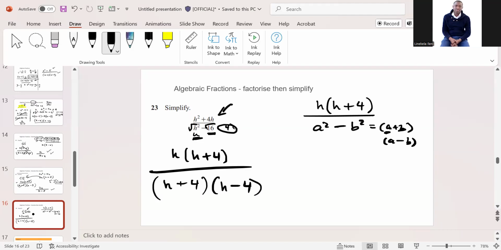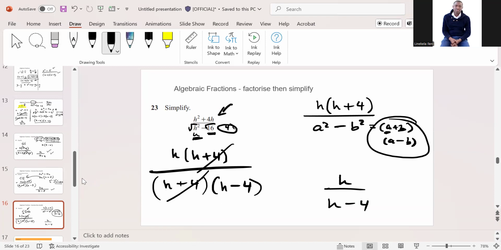It doesn't matter which one comes first when you write this out. Then this cancels because it's the same, and you're going to end up with h minus 4. So literally that is what you're expected to do when you are simplifying rational algebraic expressions.